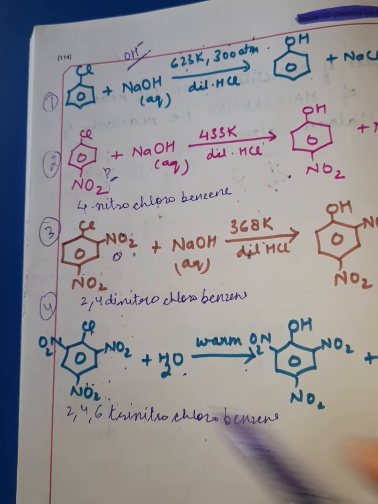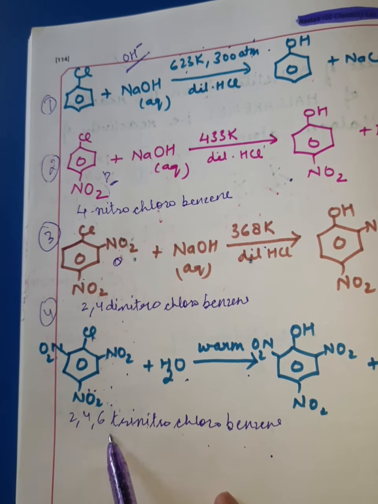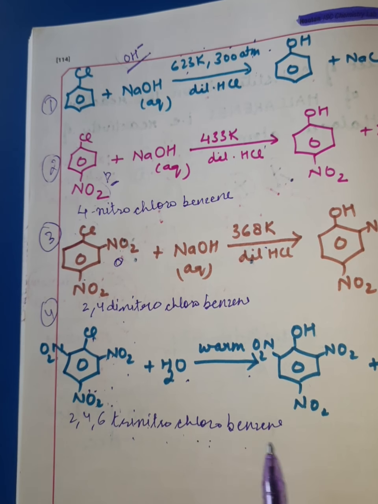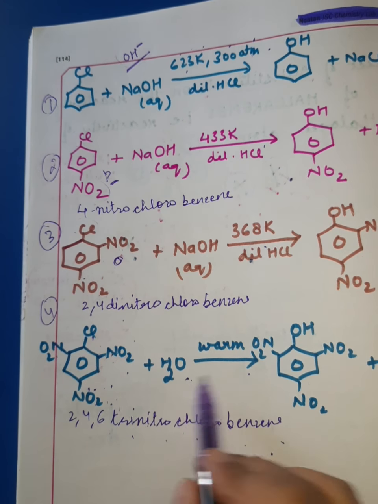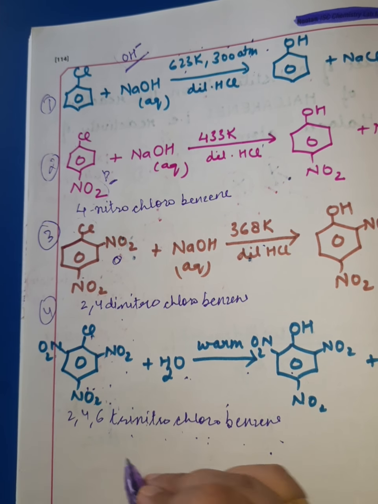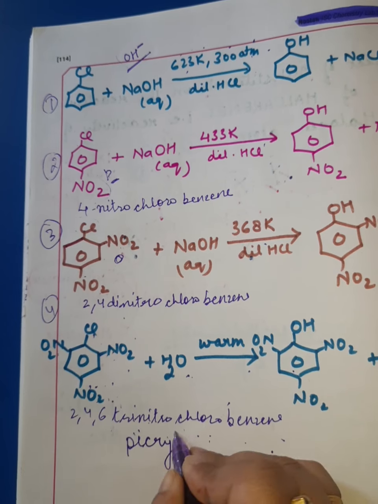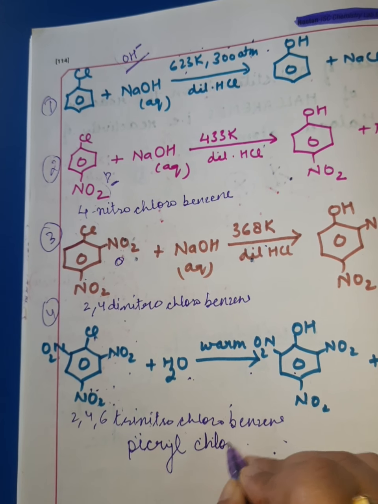That's the reason the most reactive haloarene is 2,4,6 trinitrochlorobenzene towards this nucleophilic substitution reaction. This compound in general is also called as picryl chloride. Picryl chloride, you can remember it.